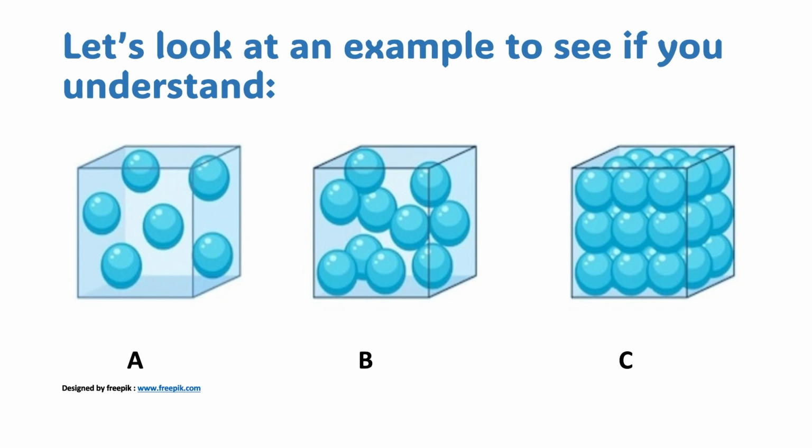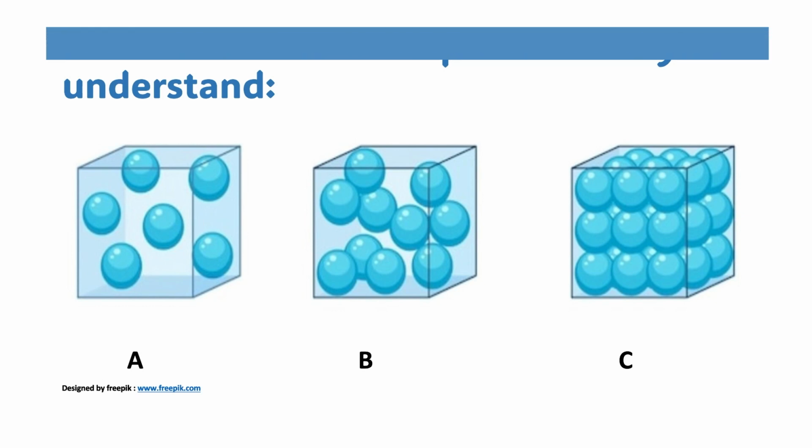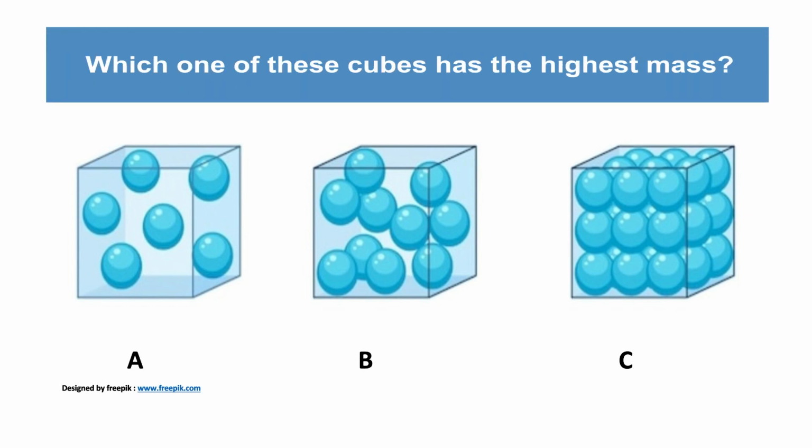Let us have a look at this diagram to see if you understand the principles on density, mass, and volume. I will be asking a few questions. You may pause before I provide the answer for each question so that you can test your own understanding. Which one of these cubes has the highest mass? C is correct because it has the most atoms.